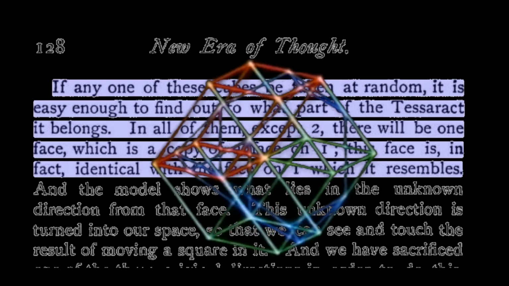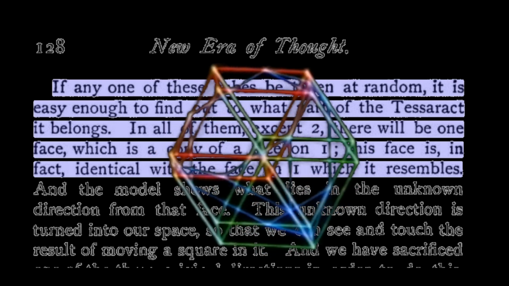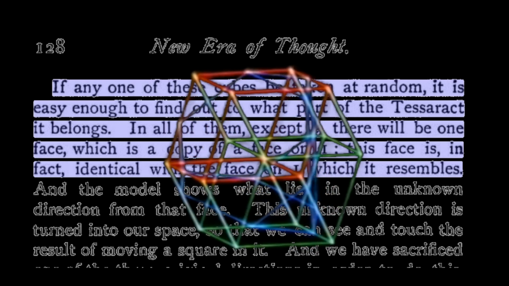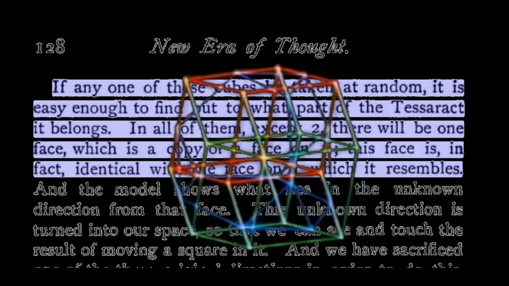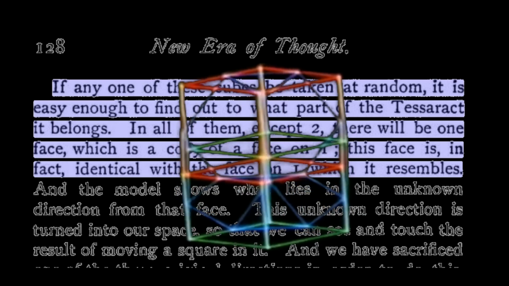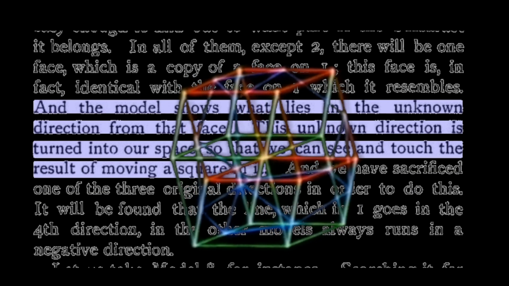of the tesseract it belongs. In all of them, except 2, there will be one face, which is a copy of a face on 1. This face is, in fact, identical with the face on 1 which it resembles. And the model shows what lies in the unknown direction from that face.